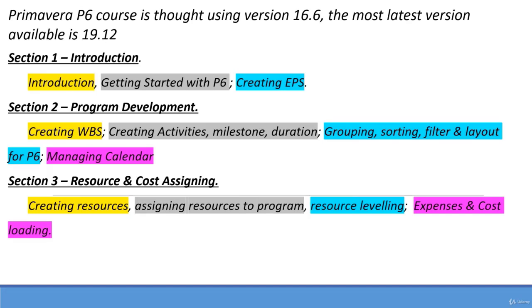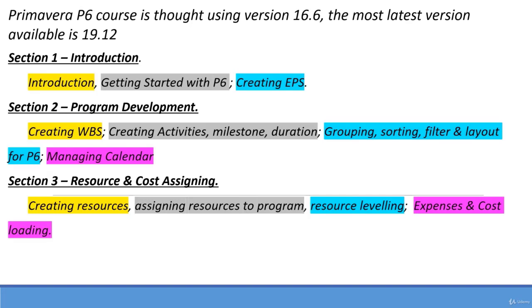Once the resources are assigned to the program, how to do resource leveling. Resource leveling is a resource optimization which will allocate the resource in a very optimized way, in a smooth manner, so that the resource over allocation will be cleared off.